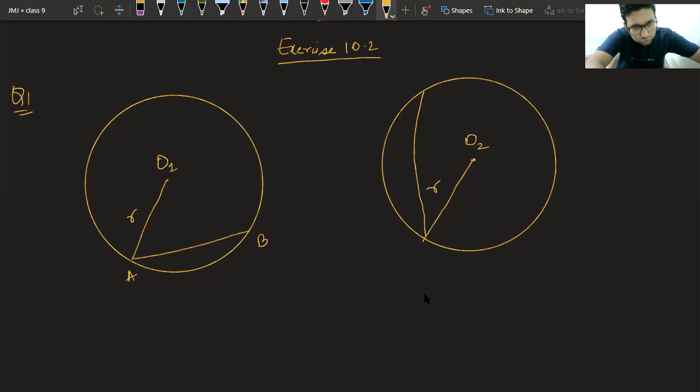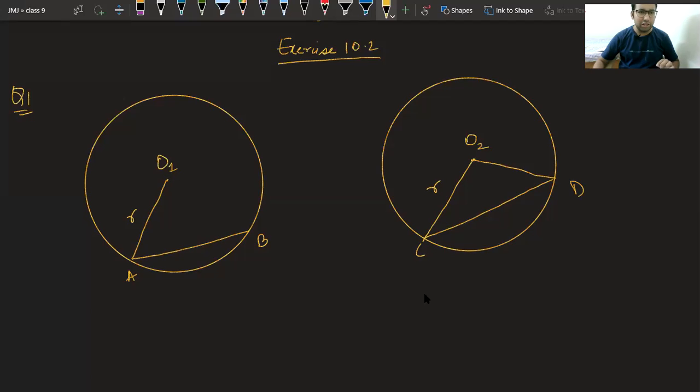You may get confused with the curve thing. So let me draw like this. We are given in the question that in two congruent circles, if we take two equal chords AB and CD, you have to prove that they also subtend equal angle at the center.